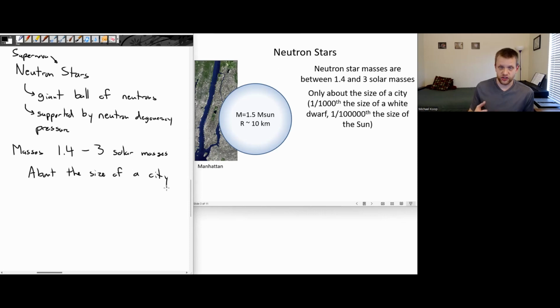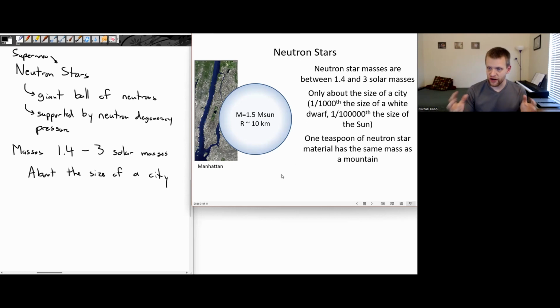Remember, in the supernova explosion that produced this neutron star, all of the electrons fused with the protons in order to just make more neutrons. So all that big empty space where the electrons swarm around the atom is gone. So these are incredibly dense objects. One teaspoon of this neutron star material would have the same mass as a mountain. This is about as dense as matter can get.